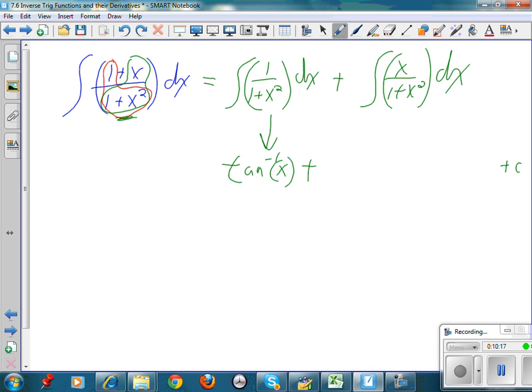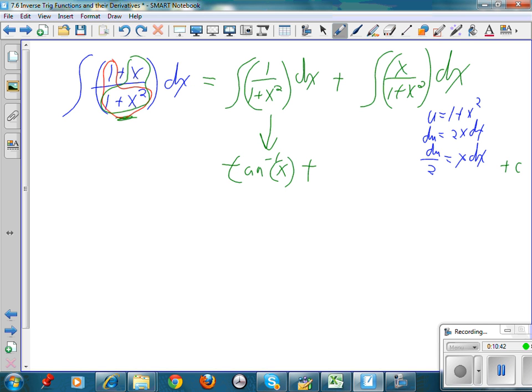Plus, so what about this, though? Here I see a substitution. We'll do that in blue. I'm going to say u is equal to 1 plus x squared. du is equal to 2x dx. du over 2 is equal to what? x dx.